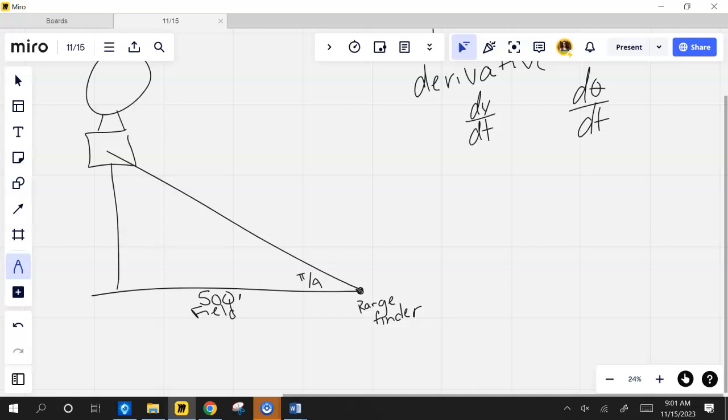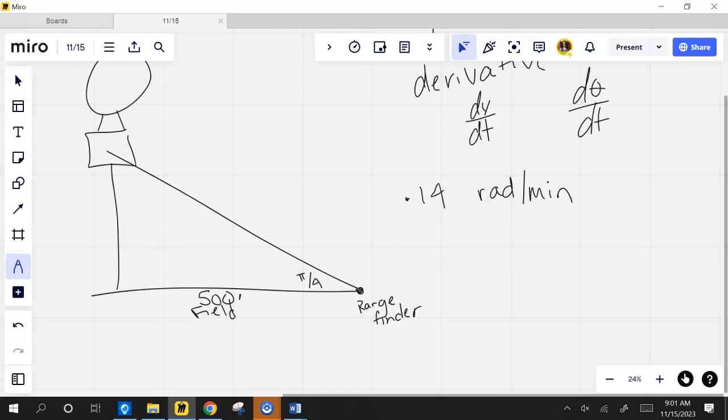The angle is increasing at a rate of 0.14 radians per minute. Now, before I ask the question of the problem, what is 0.14 radians per minute?